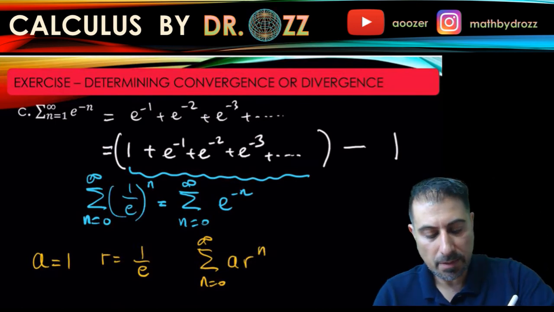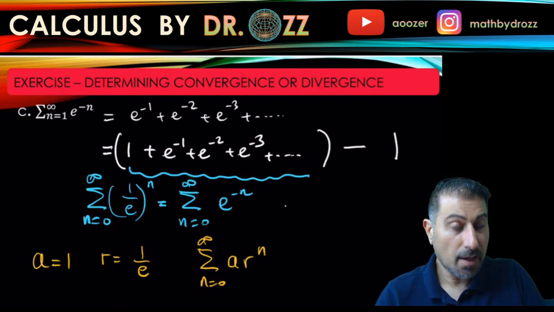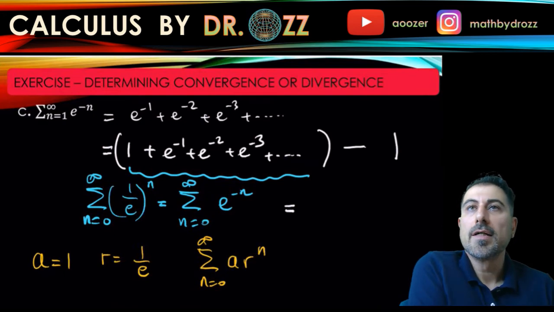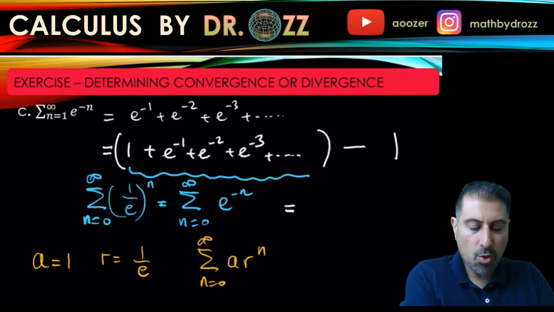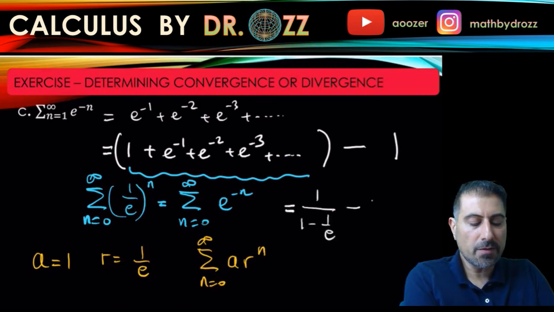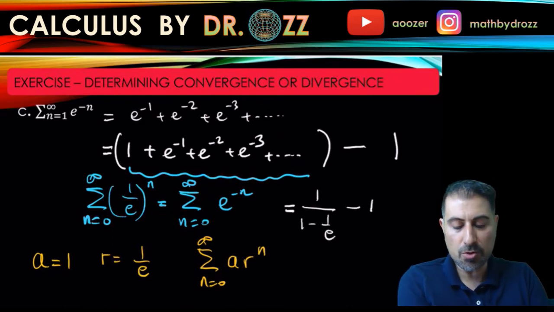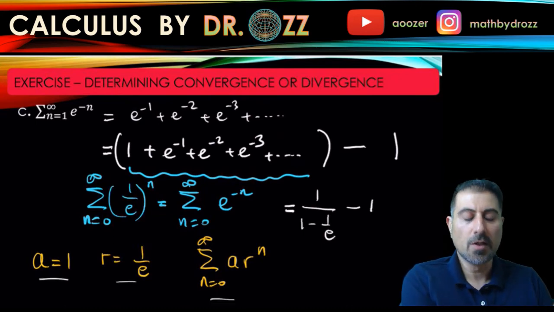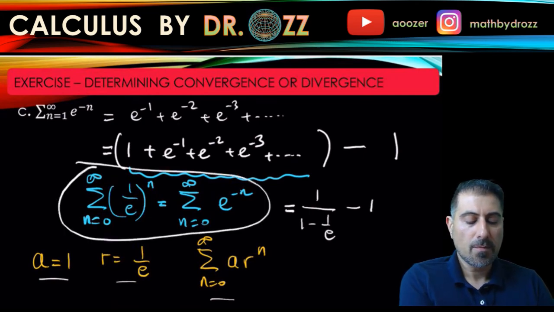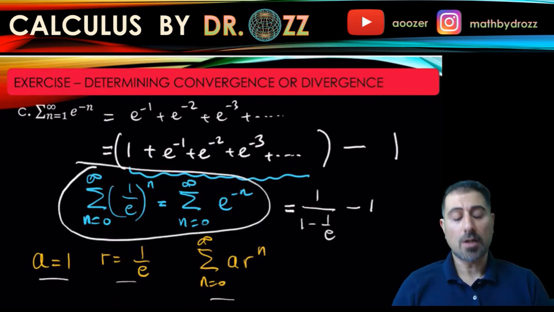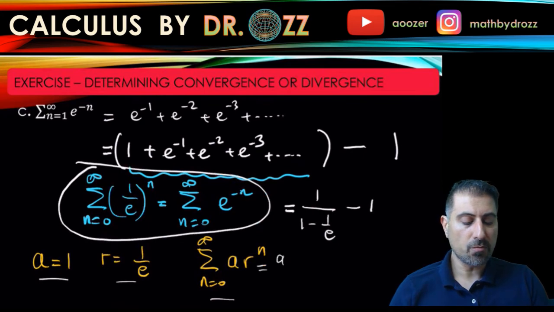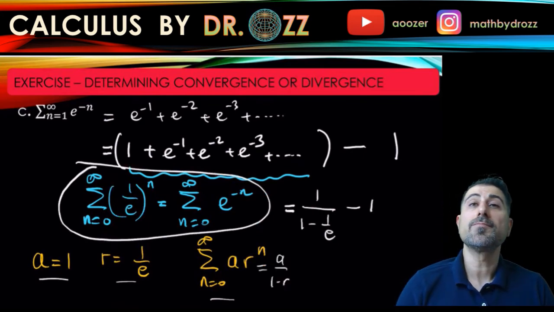So this tells me that this sum is a over 1 minus r, but I also have to subtract 1 from the sum. Again, I'm using the geometric series properties here to represent this sum by a over 1 minus r.